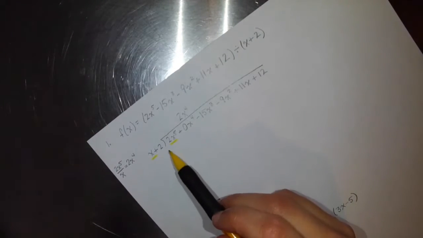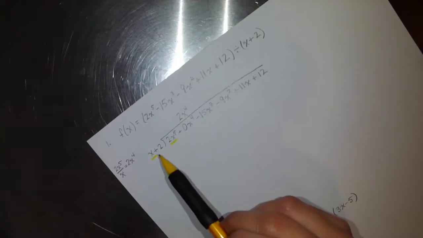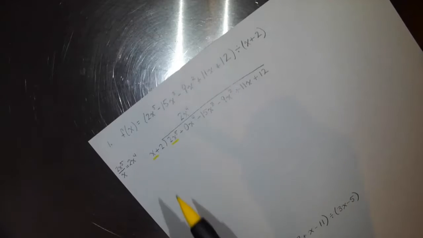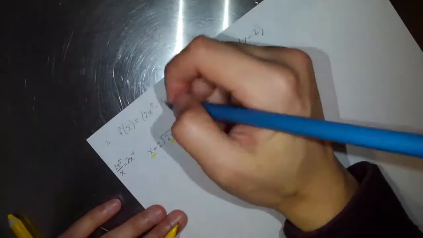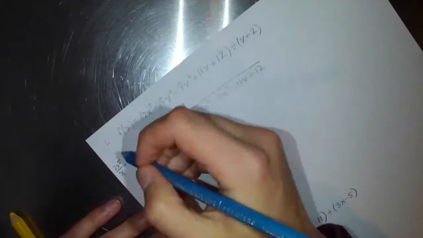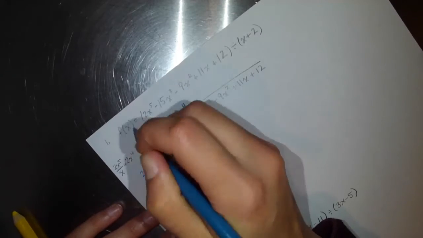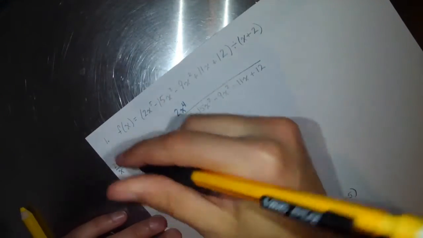Okay, so for this next part, I'm going to multiply this number on top to this binomial. So I'm going to make this blue. So we have 2x to the 4th, and I'm going to multiply that by x plus 2.